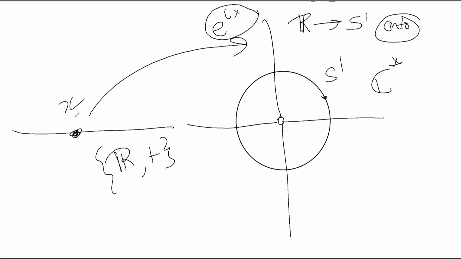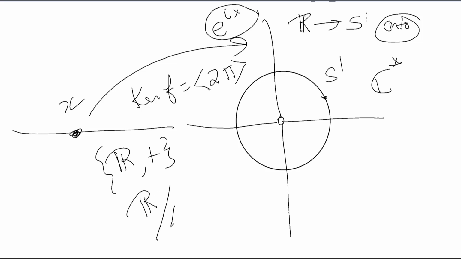If we look at this map, we saw that the kernel of f was the cyclic group generated by 2 pi, and R is an abelian group with respect to plus.